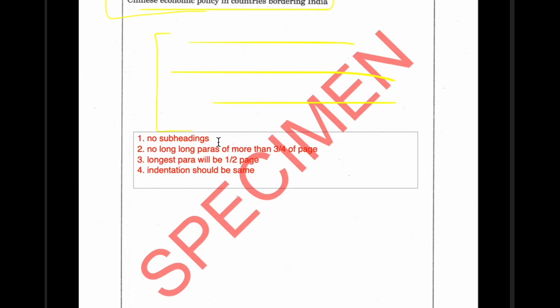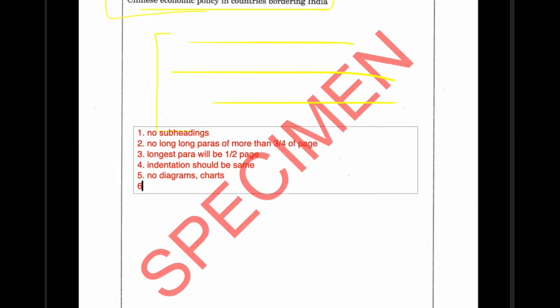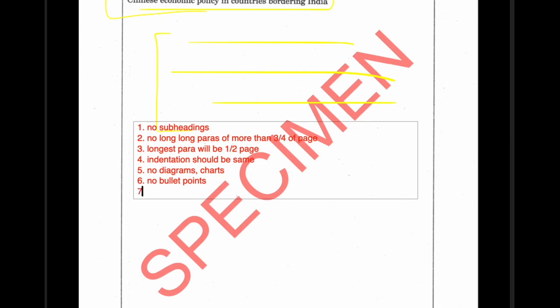Longest para, no subheadings. Fifth, no diagrams, charts. Sixth, no bullet points. Seventh, don't try anything new or weird in exam.